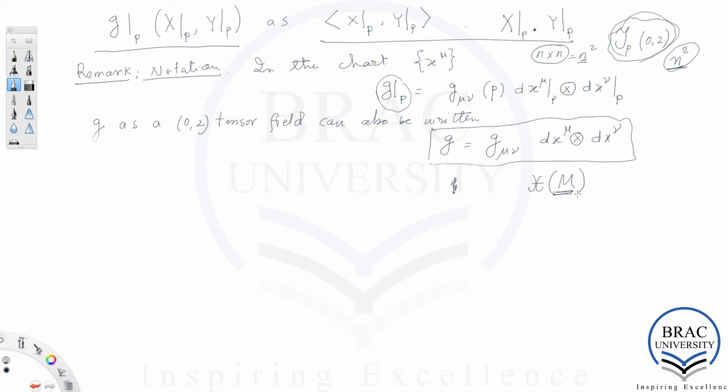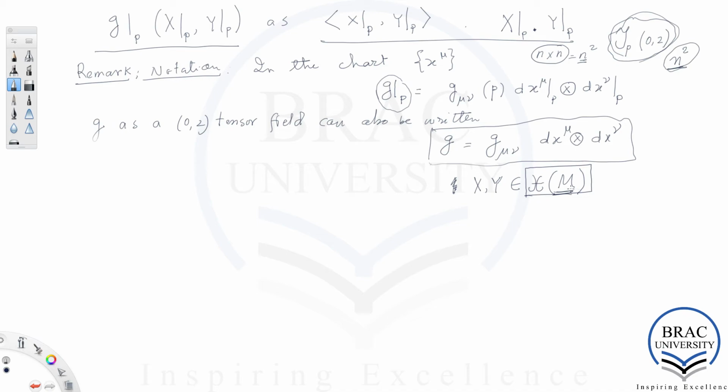So it is the space of vector fields, or the local vector fields to be more precise, on M, and X, Y are vector fields on M. In that sense, X and Y belong to this space.